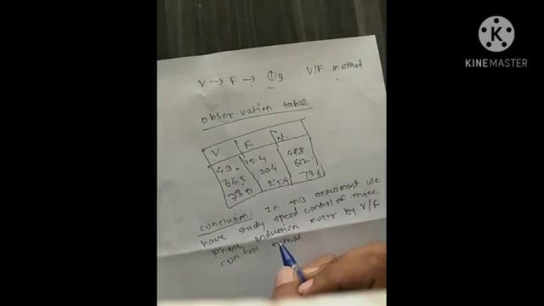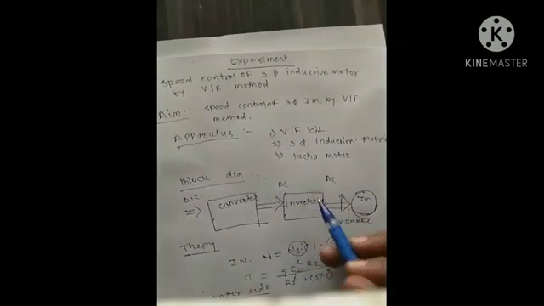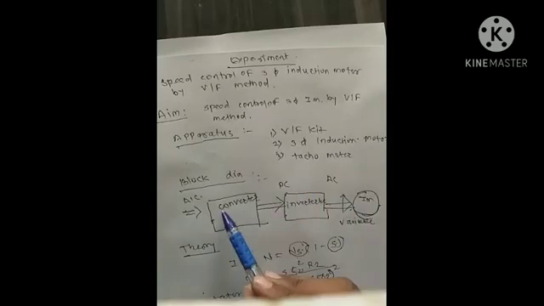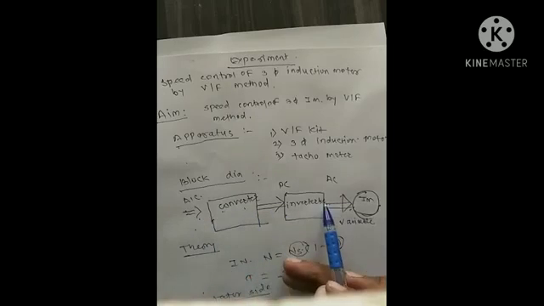So this is the experiment of speed control of 3-phase induction motor by using the V by F method, and I hope you understand the topic that comes in the subject Electrical Machine 1. You only have to understand this block diagram where converter and inverter are used.